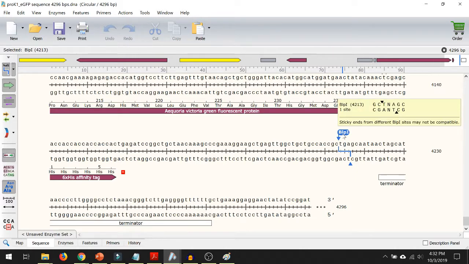Now, when the restriction enzyme site has an N in it, that just means any nucleotide. So whenever you see an N in DNA, it just means any nucleotide, N, right? So this will cut at the sequence of GCT, any nucleotide, and then AGC.